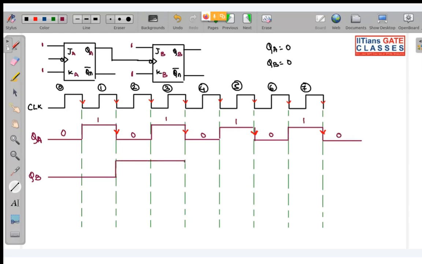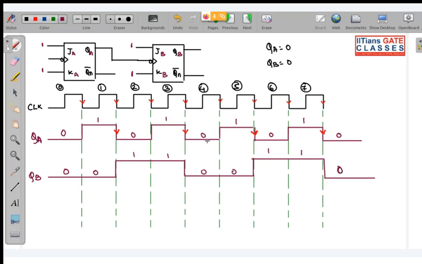Then again from 1 to 0 at the next negative edge of QA, and this will keep on going like this. So you have 0, 0, 1, 1, 0, 0, 1, 1, 0. So you can see we have QB, QA.